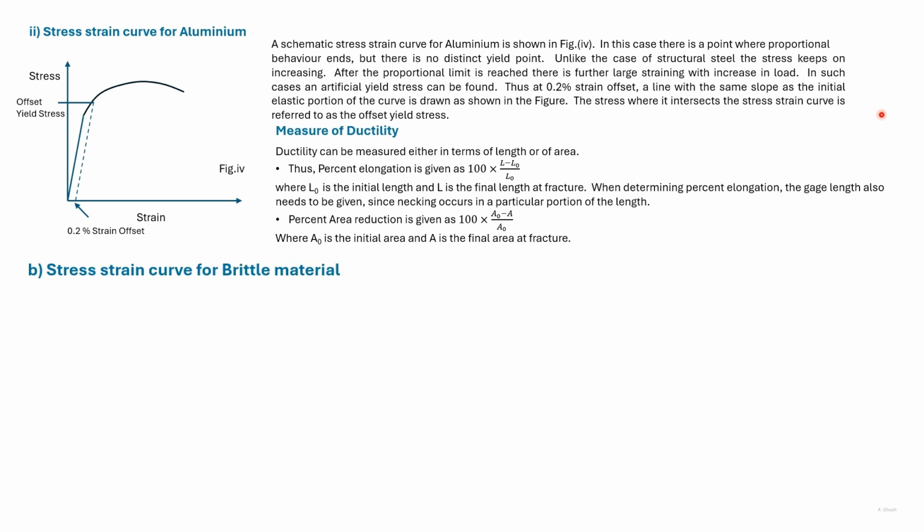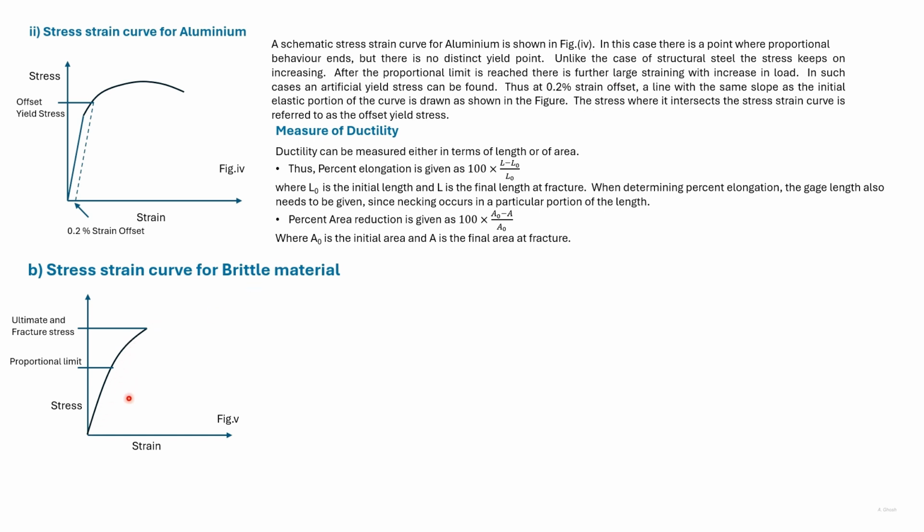We now discuss the stress-strain curve of brittle material. As we can see, the plot here is slightly curved. The elongation after the proportion limit has been reached in brittle material is minimal. In material such as glass, this line is a straight line.